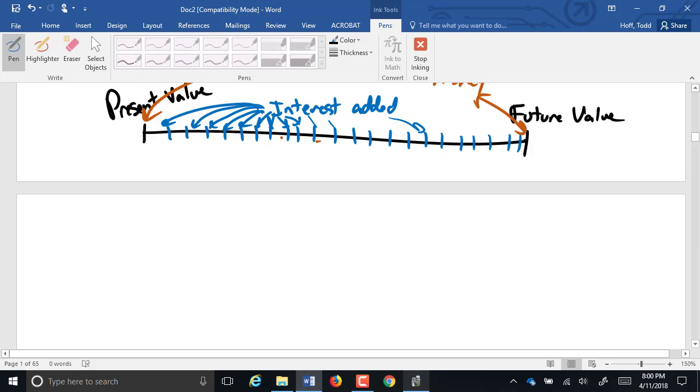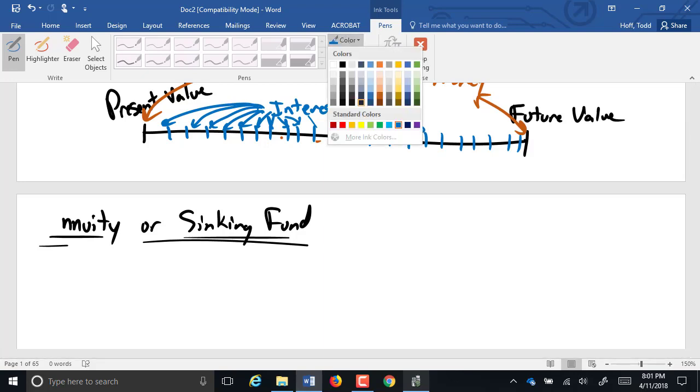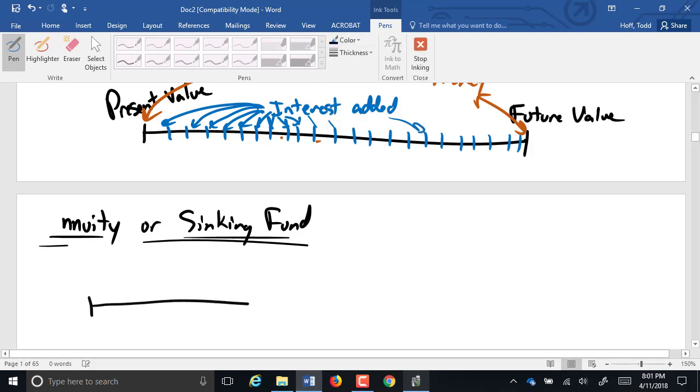The third type of situation is going to be an annuity or a sinking fund. An annuity or sinking fund, again, have a present value and a future value.